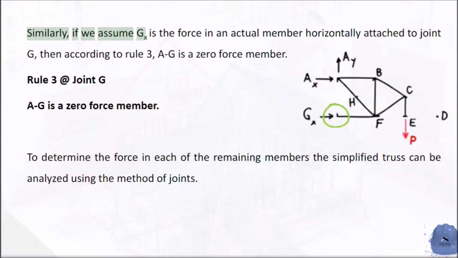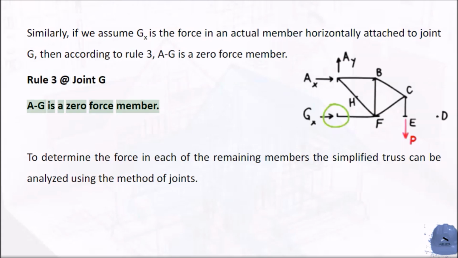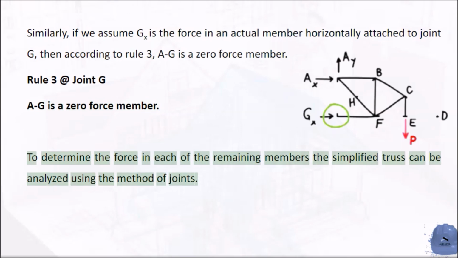Similarly, if we assume G is the force in an actual member horizontally attached to joint G, then according to Rule 3 at joint G, AG is a zero force member. To determine the force in each of the remaining members, the simplified truss can be analyzed using the method of joints.